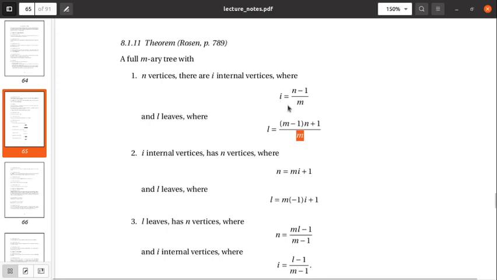So we have these two computations, or we can be given internal vertices and total vertices and compute that we have n is equal to mi plus 1. And that's obtained from this formula. Multiply both sides by m, add 1 to both sides, and you get this. And L leaves, where L is equal to m times negative 1 times I plus 1.